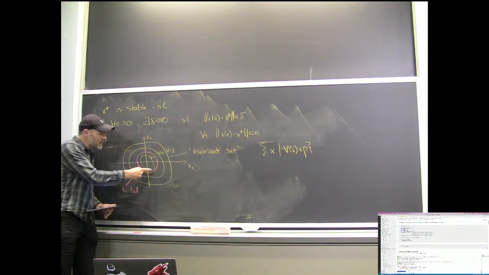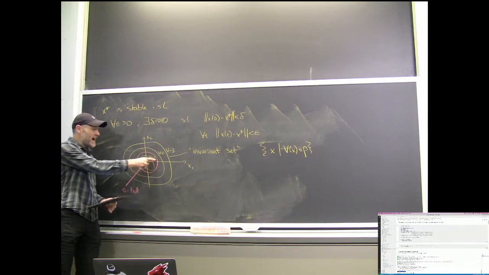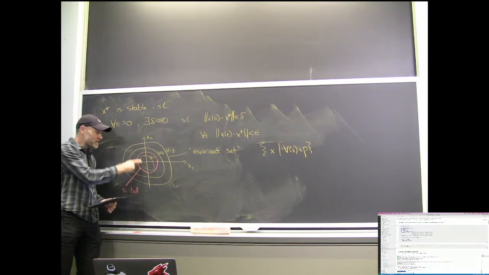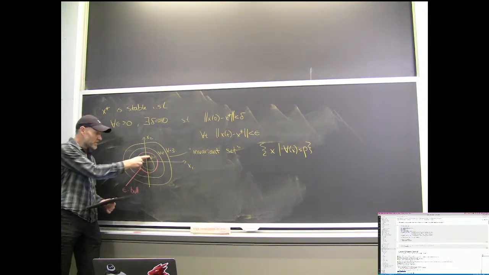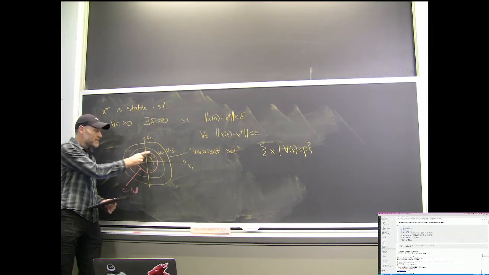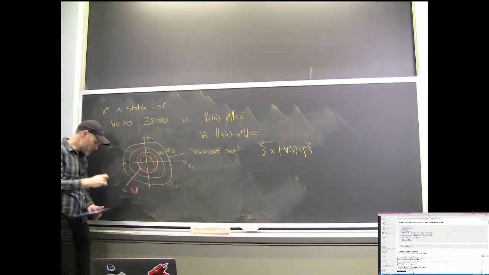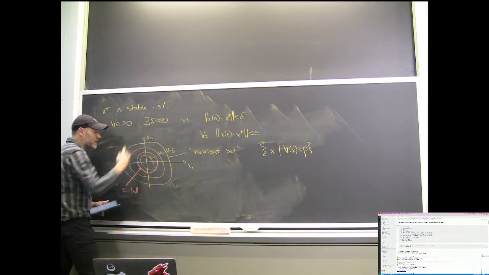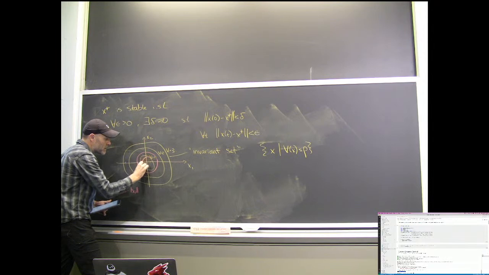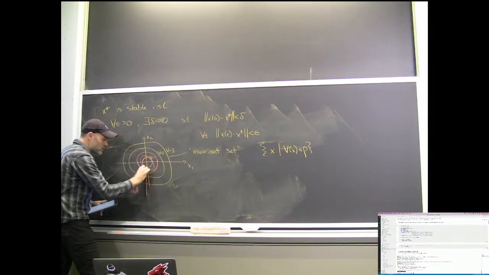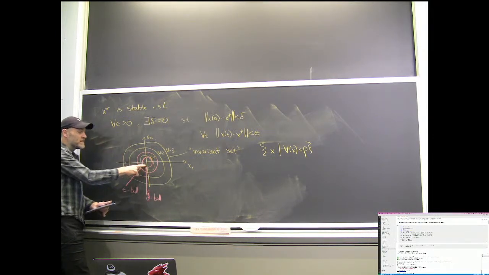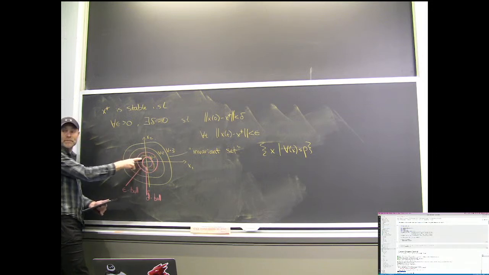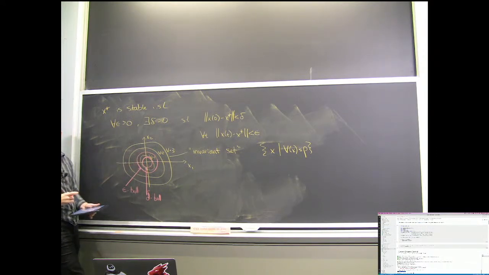I can find any contour of my Lyapunov function that is strictly inside this, and I know for sure I won't leave it. The fact that this is an invariant set gives me the ability to answer these kind of questions. But just to be extra careful, in order to find a delta ball, I actually have to find a delta ball that's strictly inside my contour of my Lyapunov function, which is strictly inside the epsilon ball.